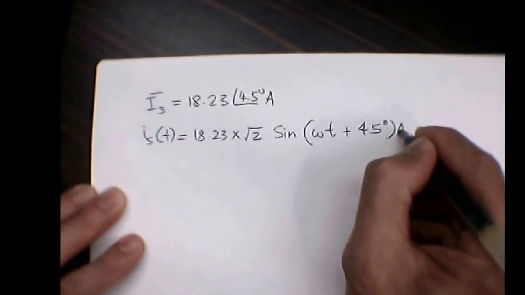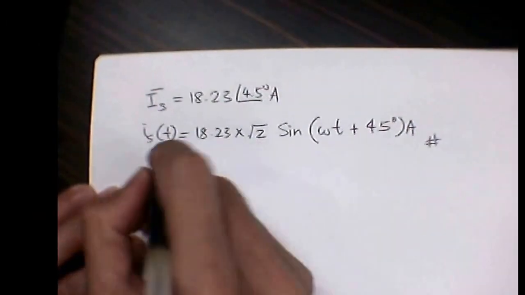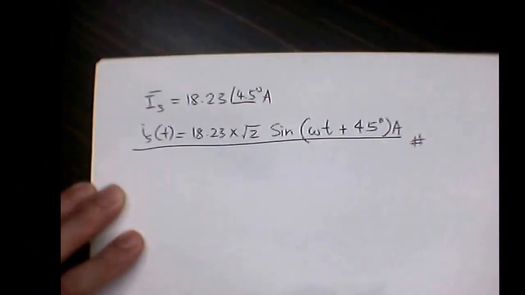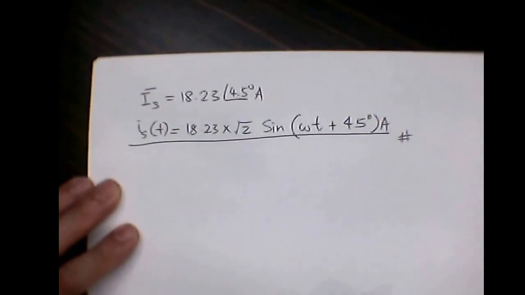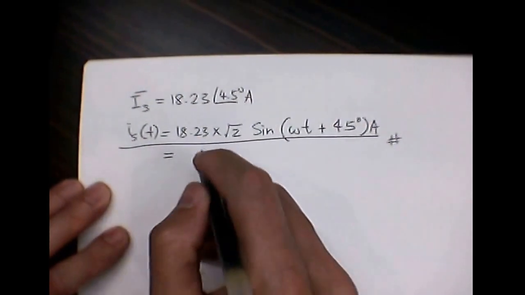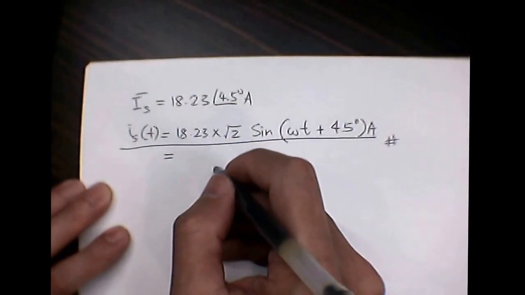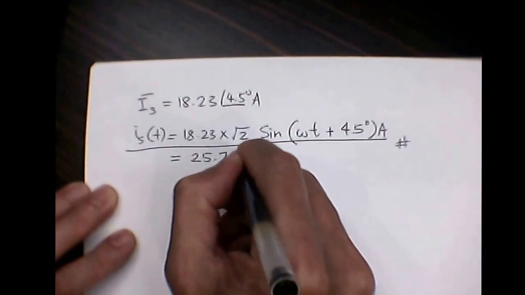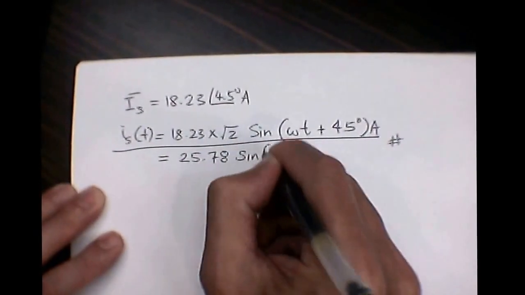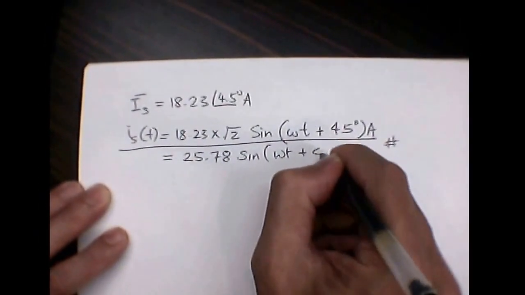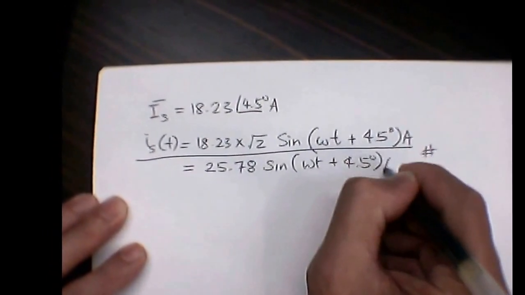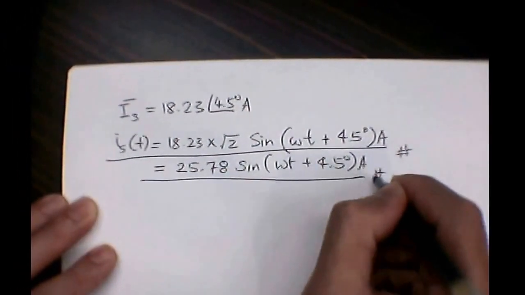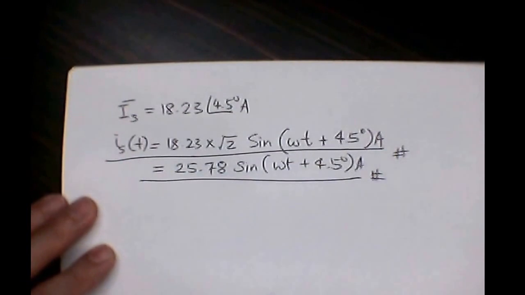That's the final answer for part 2. I should go one more step to get it correct. It's 25.78, so 25.78 sine omega t plus 4.5 degrees ampere.